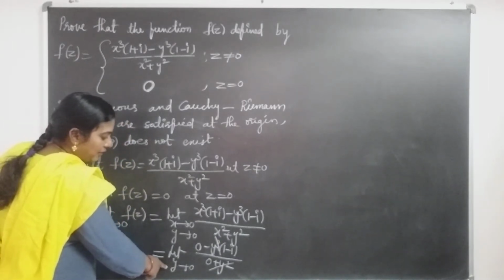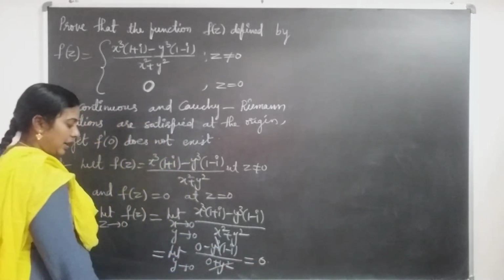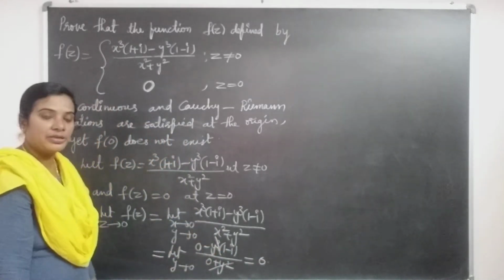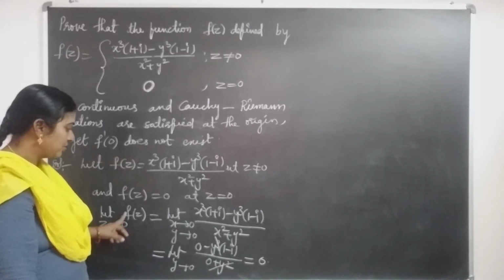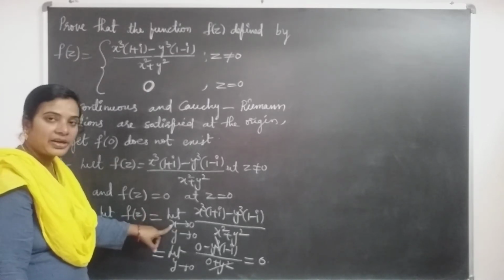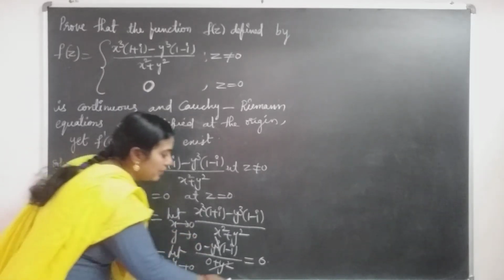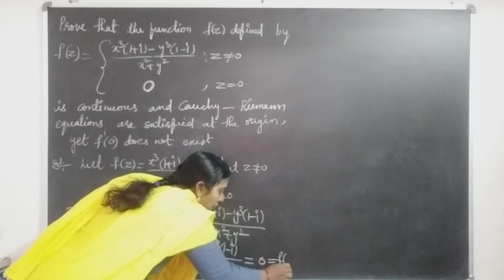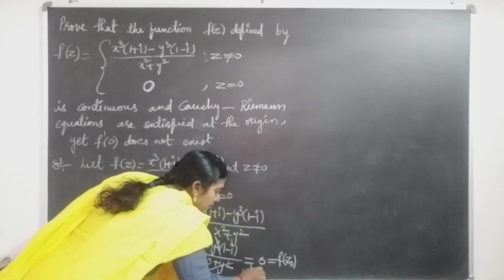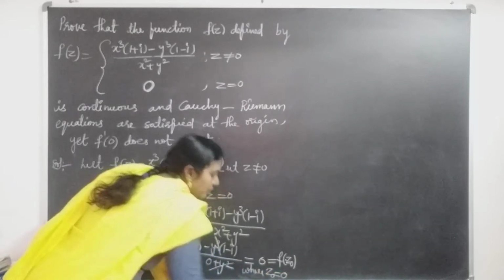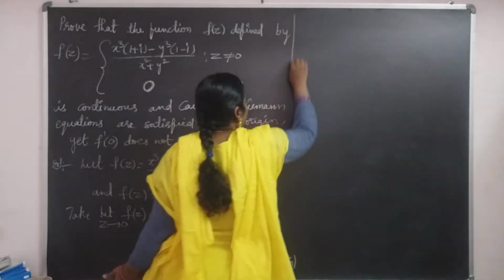Next we apply the y limit, then it will be 0. Okay, 0 into something is 0. So in the first case, the limit as z tends to 0 of f of z, taking first x tends to 0, then y tends to 0, is equal to f of z naught, where z naught is equal to 0.